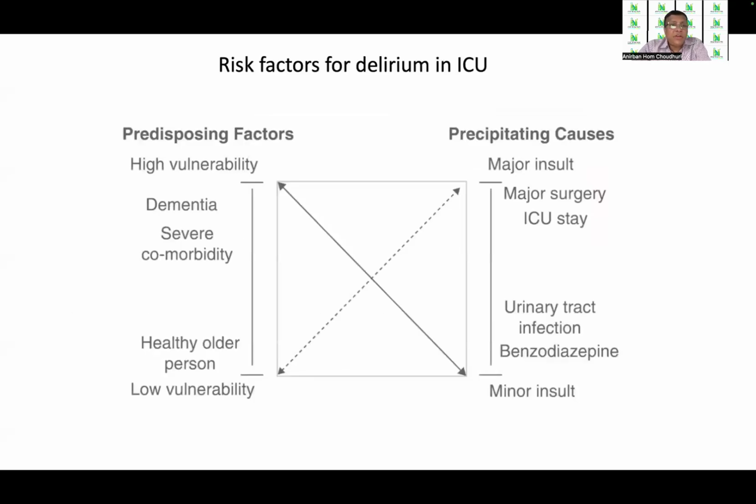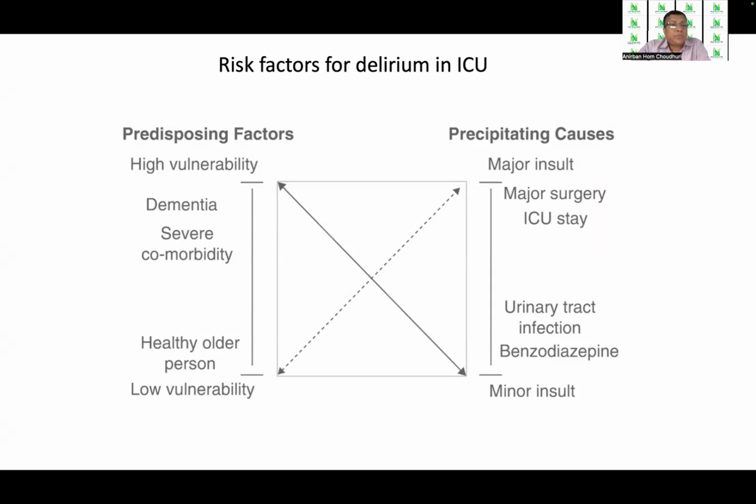Again, if you look into the predisposing factors and the precipitating causes, you can see that there is low vulnerability for some of these factors as you move on. As a precipitating cause, you can see that for major surgery and ICU stay, the vulnerability is high, whereas for urinary tract infection and benzodiazepine use, the vulnerability is less.